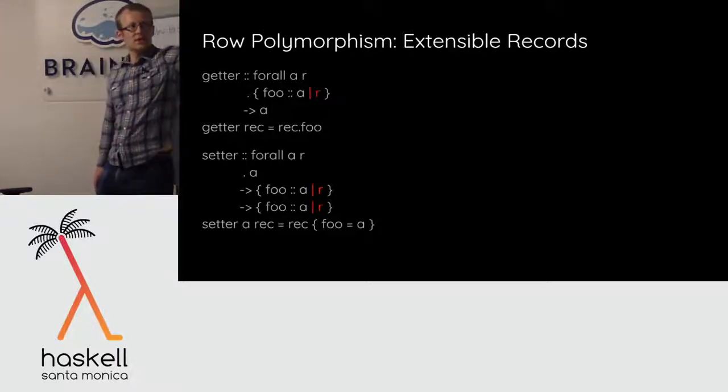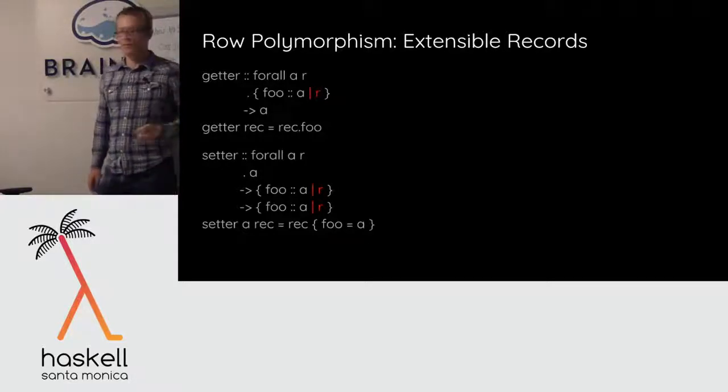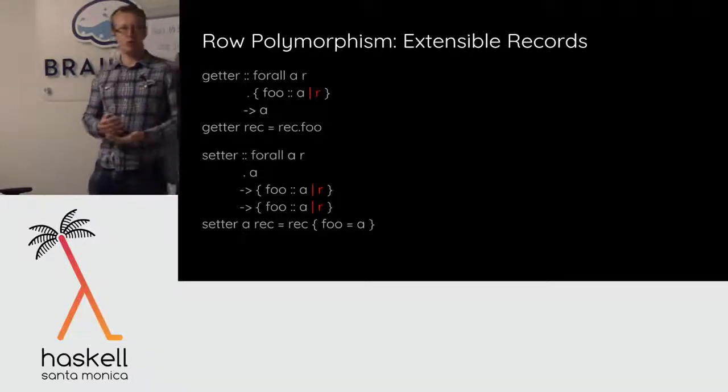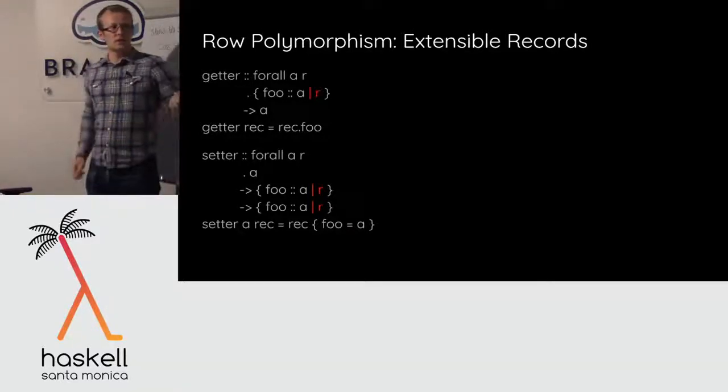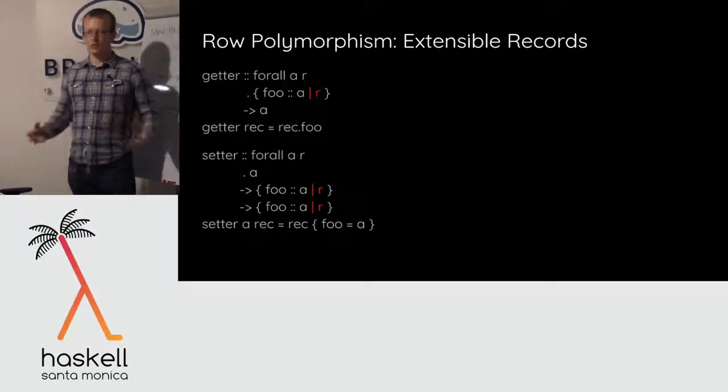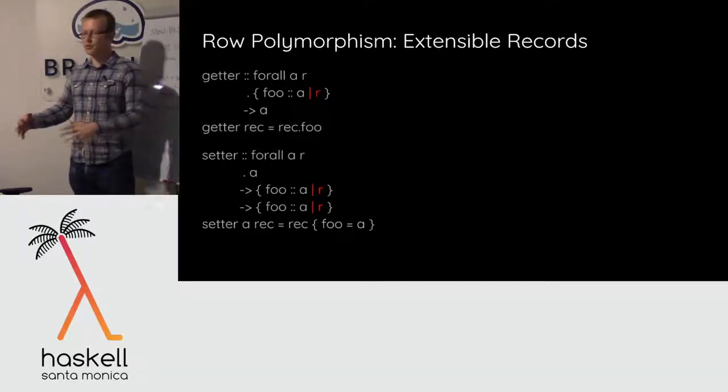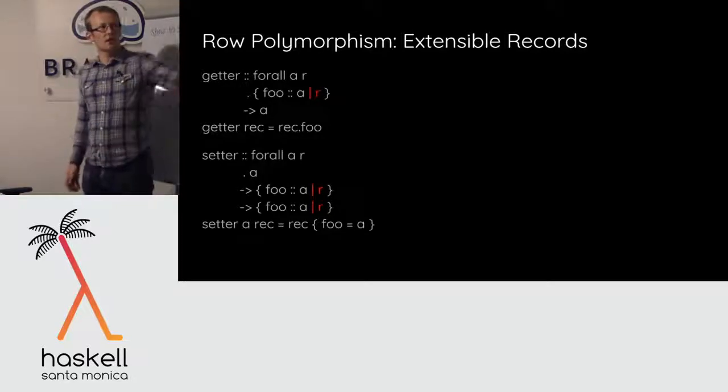And the quantification over this R thing here, right, is quantification over a row of types. So a row is a mapping from labels to types, okay? So the ability to quantify over these rows, like these tails of object properties I don't particularly care about right now, is called row polymorphism, okay?